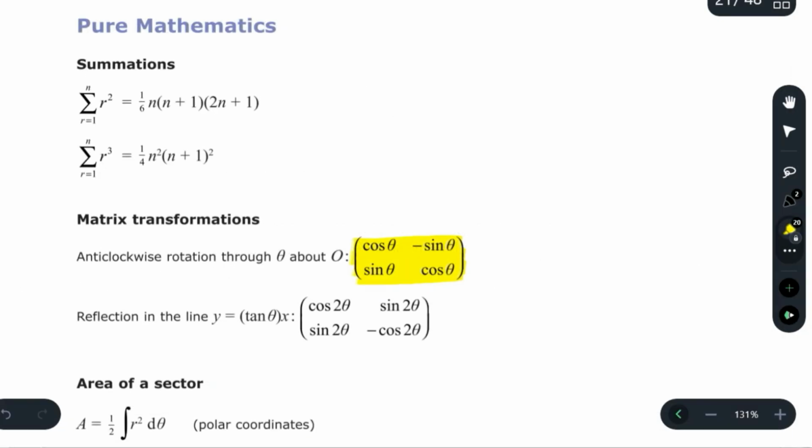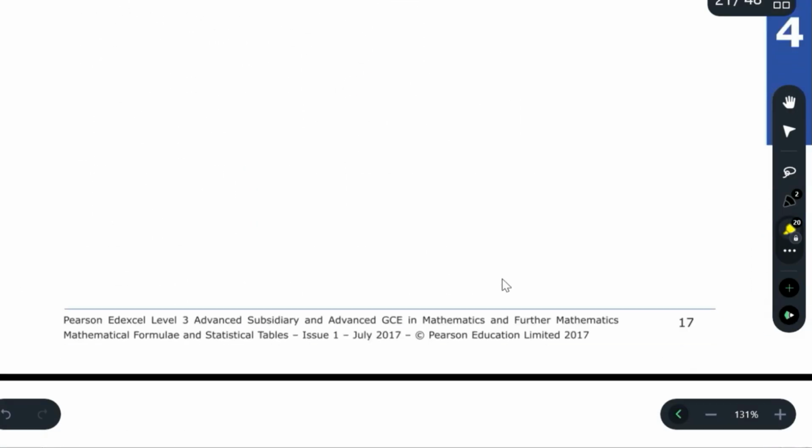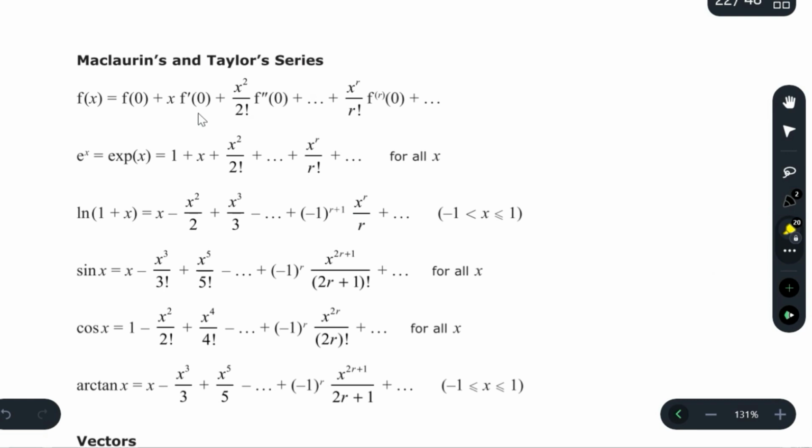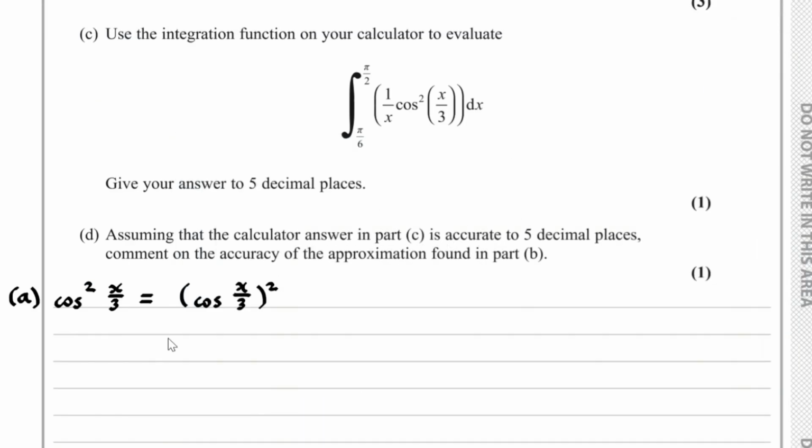Now, if we go to the formula book, under the section involving Maclaurin's and Taylor's series, we have a series expansion given over here for cos x. Now, in the question, we don't have an x, we've got an x over 3. So we will replace the x with x over 3.